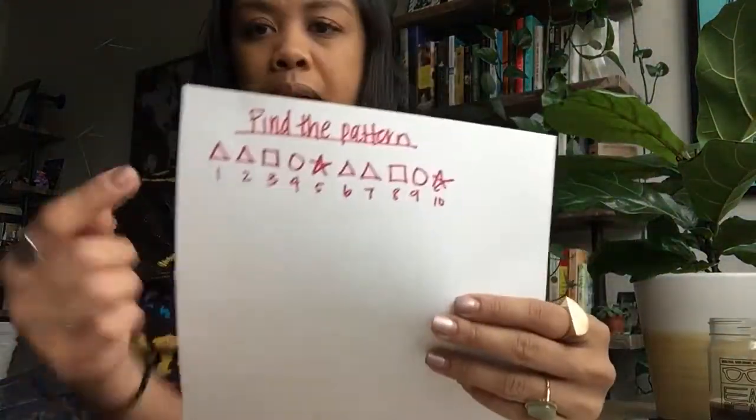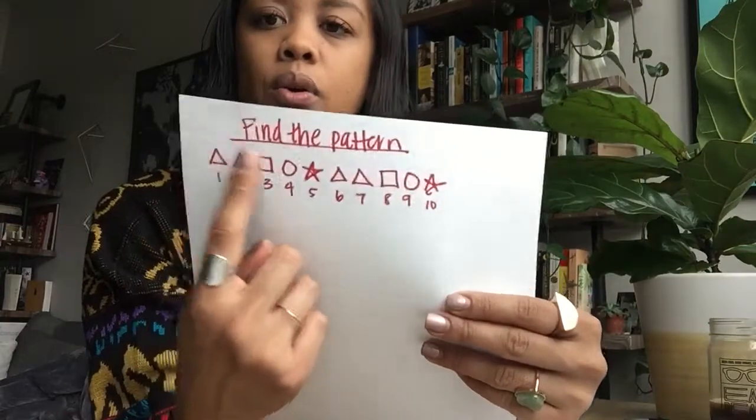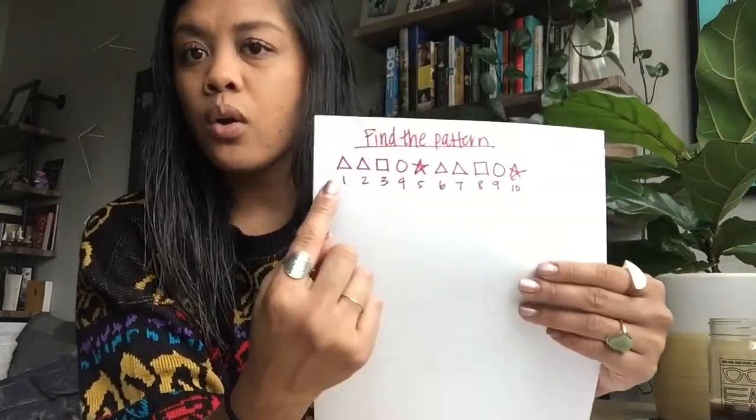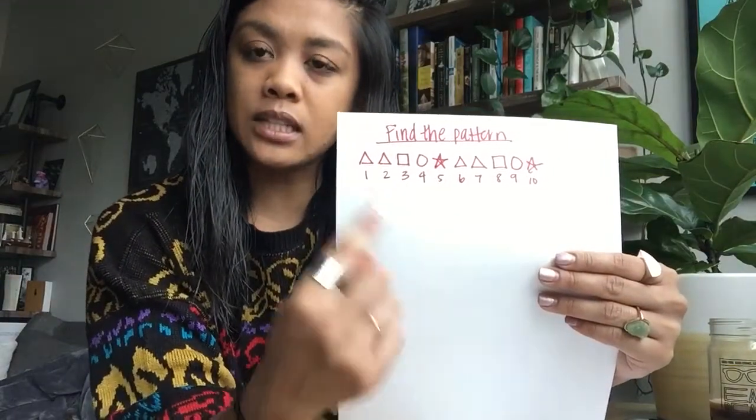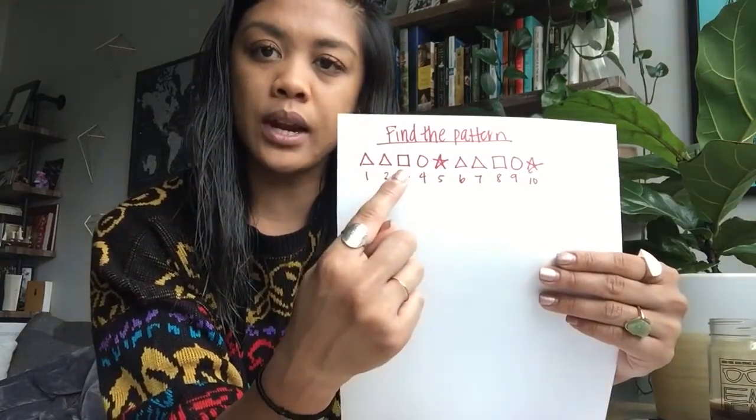And then the last thing I wanted to show you is the last question on our math is about finding the pattern. And it shows you a pattern of 10. So the whole thing about finding a pattern is really look at from the beginning and see where it starts repeating again. So I see triangle, triangle, square, circle, star.